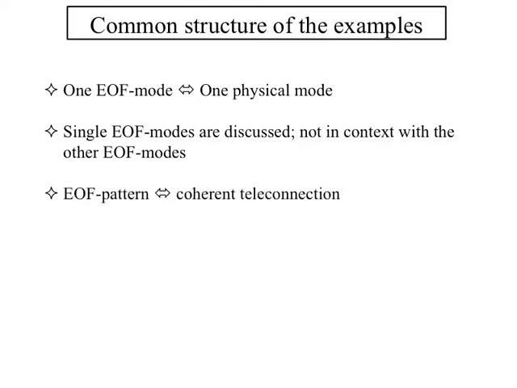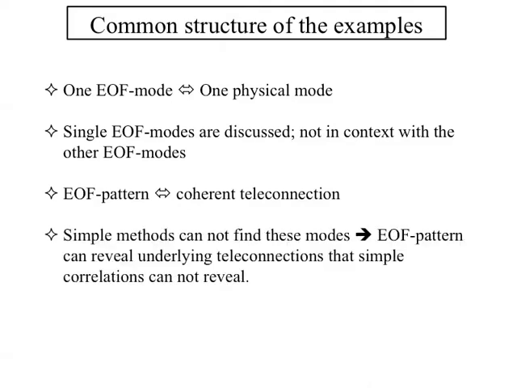And the interpretation that they take is that the structure that you see in this EOF mode is a coherent teleconnection. Like this dipole that I showed you at the beginning: if it's positive on one side, then it's negative on the other side. It's a coherent interaction between these two things. And also what they see is that simple methods are unable to find this because they are not sophisticated enough.